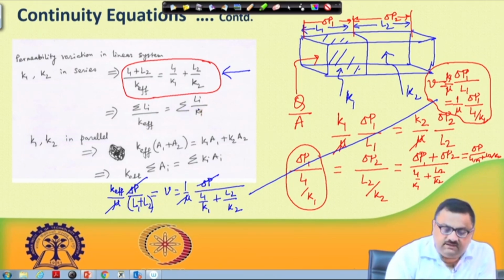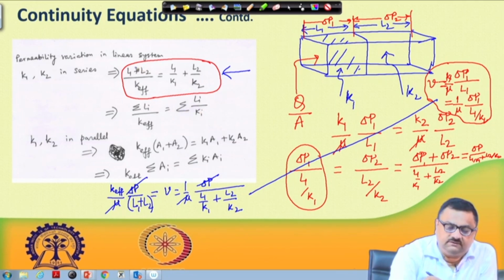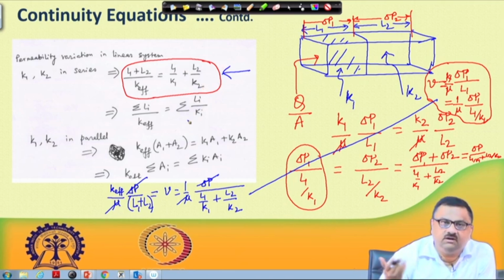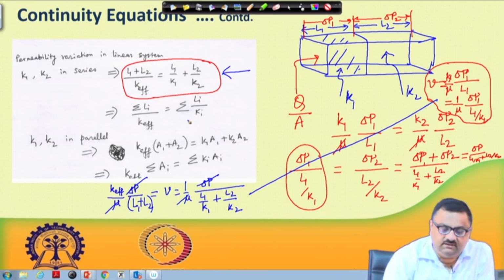That is exactly what we are talking about. Sum of Li divided by K effective is equal to sum of individual Li by Ki: L1 by K1 plus L2 by K2 plus L3 by K3, i running from 1 to n, n is the number of stages.